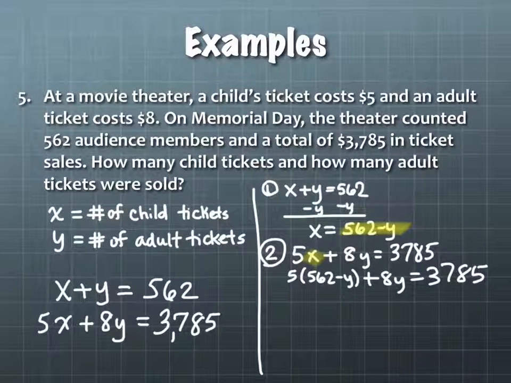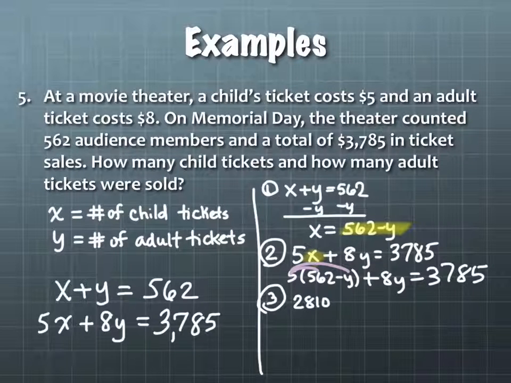What would I do next to solve this? I mean, that is step 3 now, is I'm going to solve this. So what would I do to do that? Yep, distribute would be my first step. So what does 5 times 562 do? 2,810. Good. 2,810.